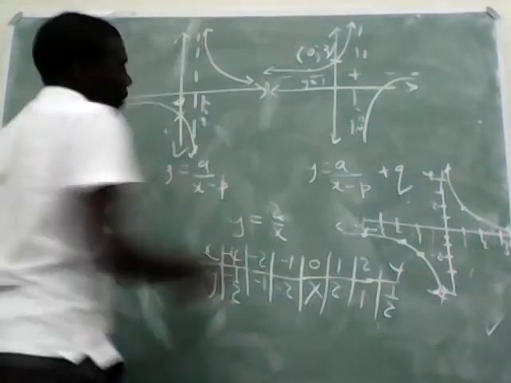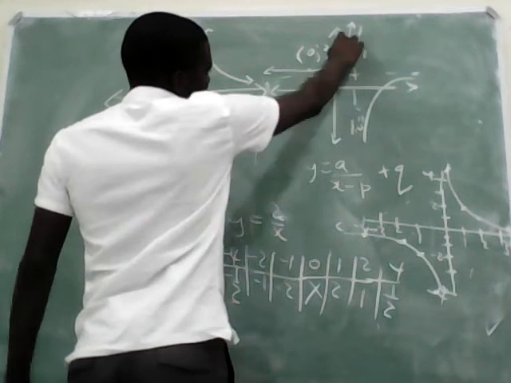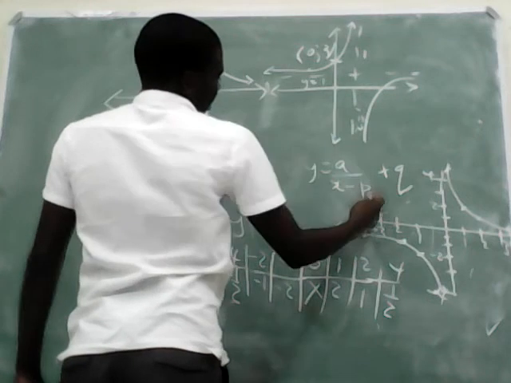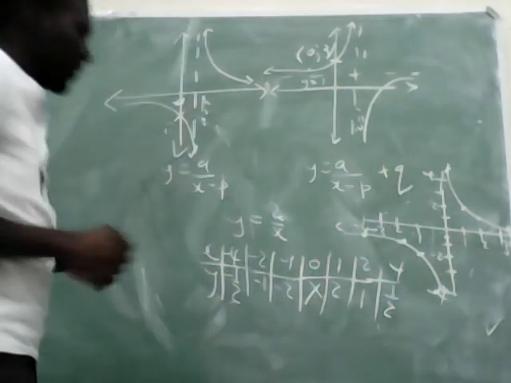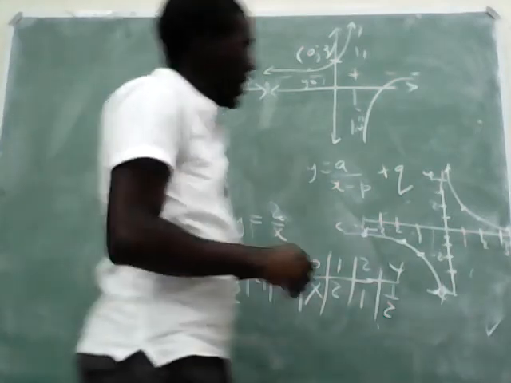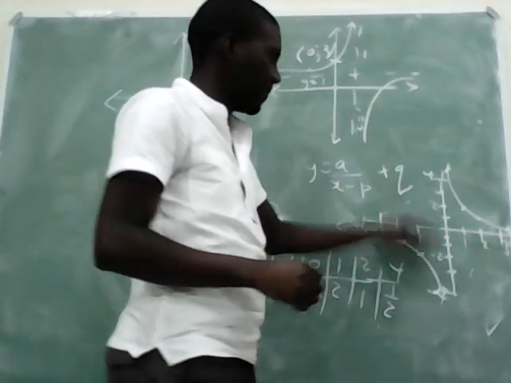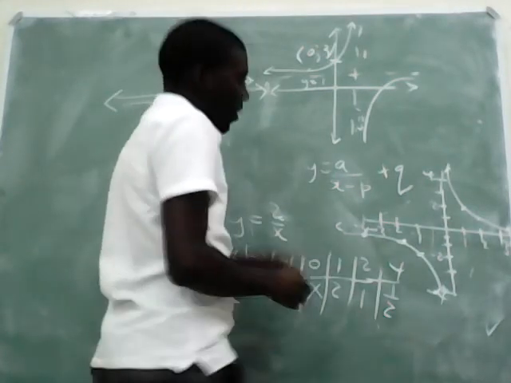This one also has q. There's a shift up and a shift left. Here there's a shift right only. Now, what is the domain here? Domain is all possible x values.